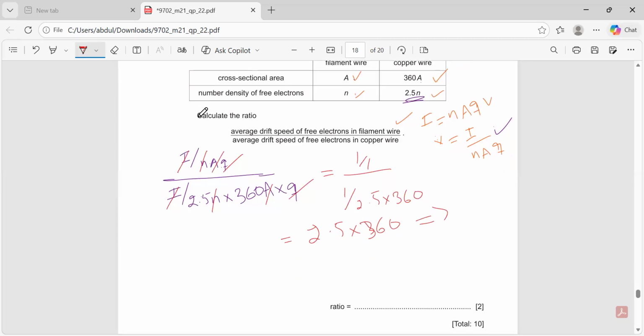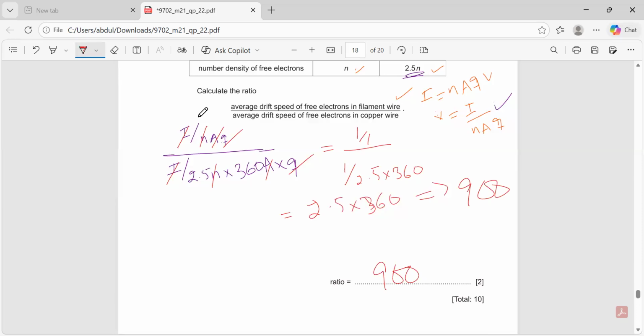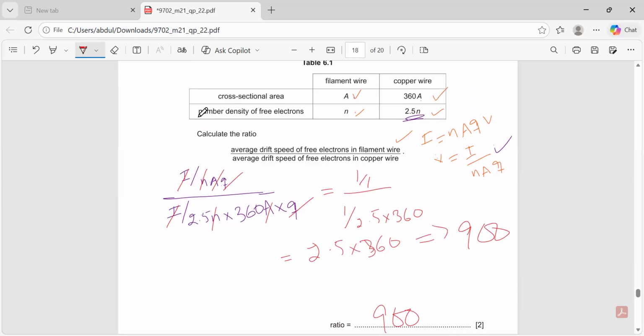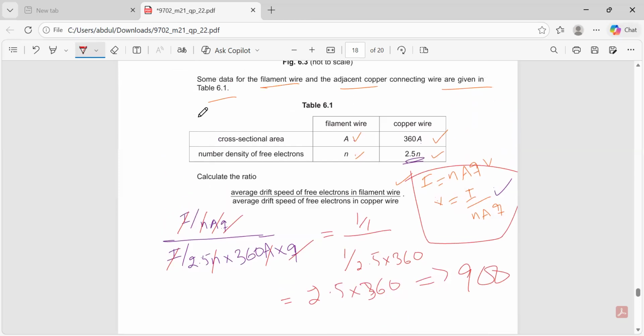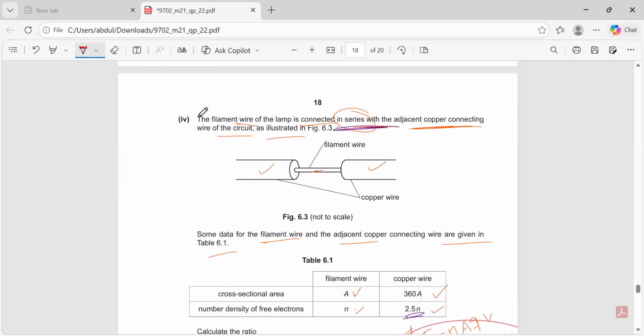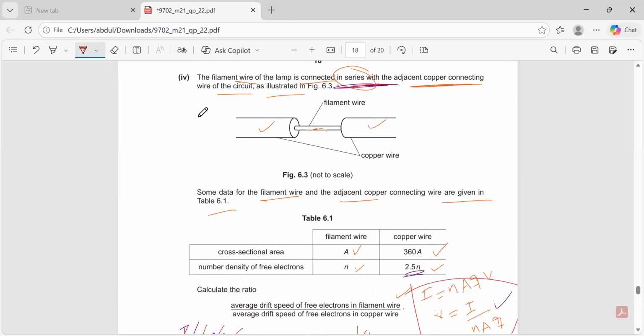So my dear son, the ratio is equal to how much? 900. Just straightforward. I don't think there is any problem. But this formula, you have to first manipulate and then accordingly you can move forward. And why did I take the current the same? This is a series circuit, and in a series circuit, current stays the same through every component.